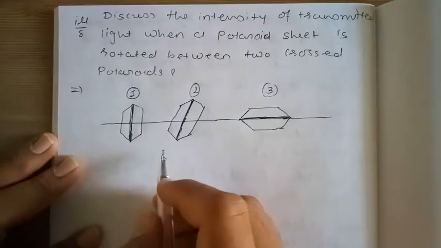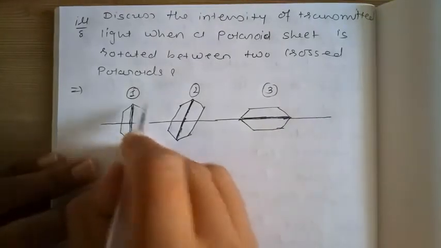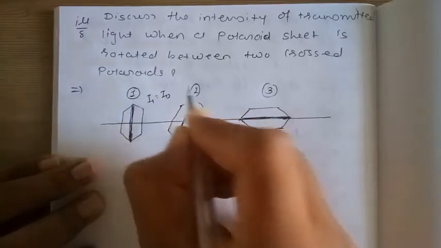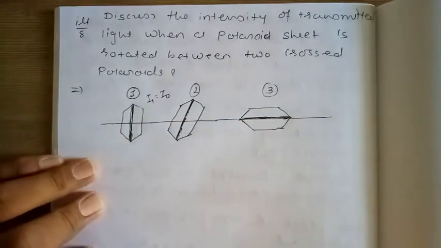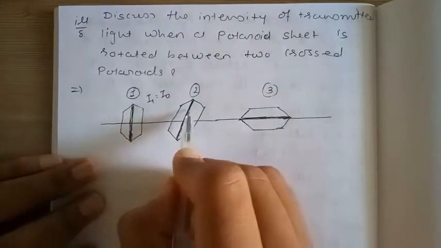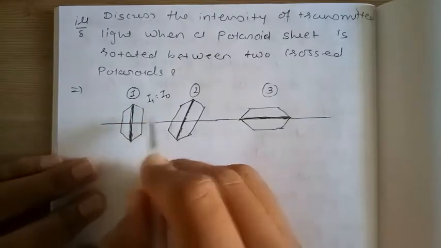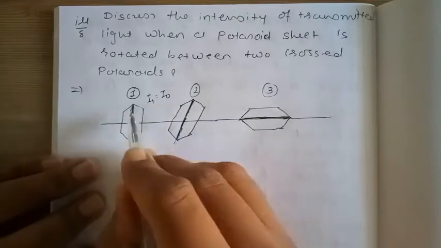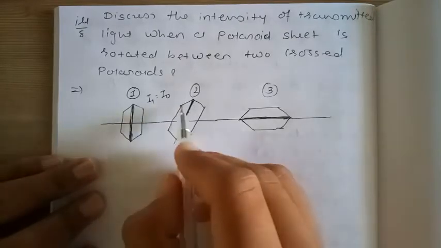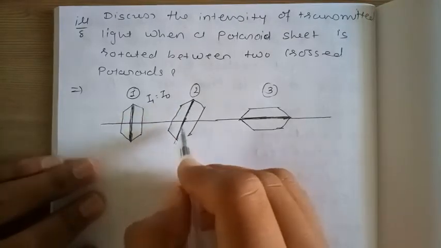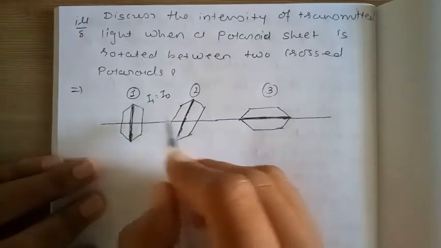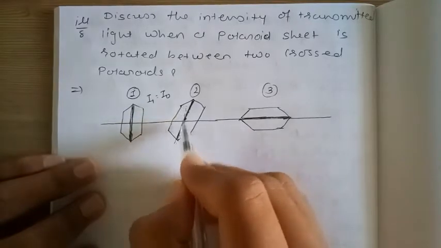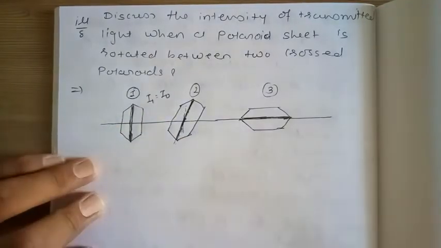So see here, the first intensity I1 is equal to I0, right? We know that. But here in the second case, see here, this is Malus's law. Here this is Polaroid 2 and this is Polaroid 1. So the pass axis of Polaroid 2 makes an angle theta with the pass axis of Polaroid 1.